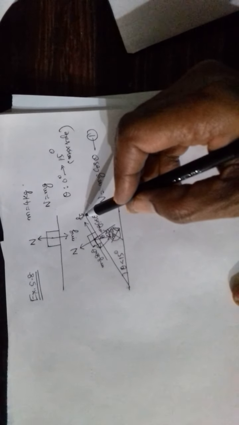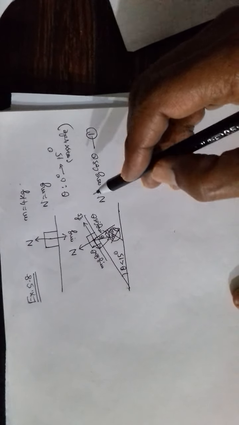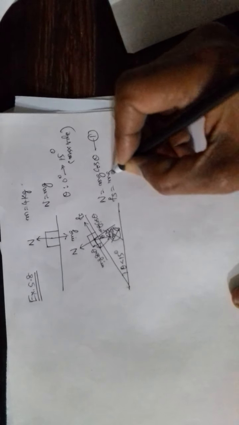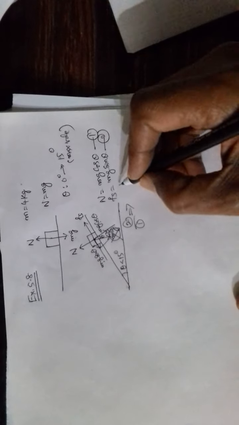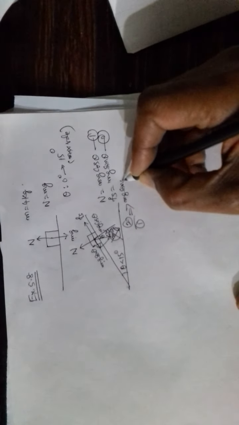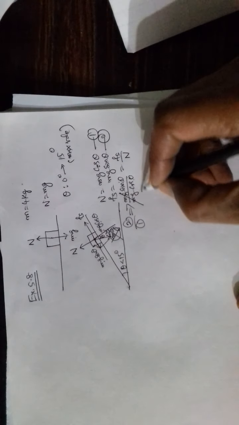Similarly, static friction and mg sin theta are in a line, equal in magnitude and opposite in direction. Second equation divided by first equation gives sin theta by cos theta.